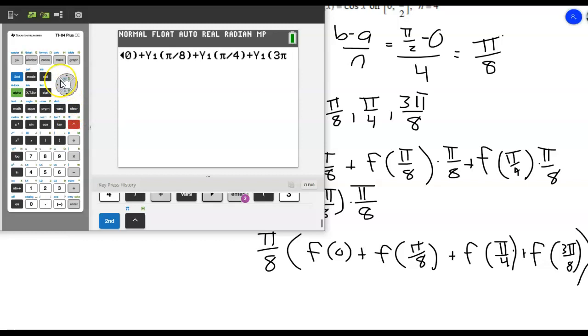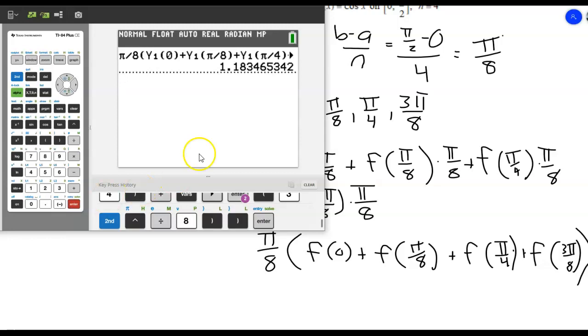Do I need to put that in parentheses? No, because it'll do order of operations there. So one, close it up, and let's see what we get.